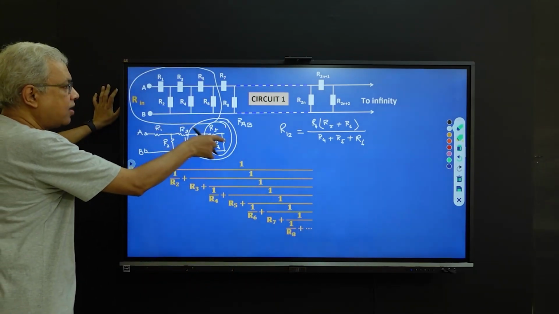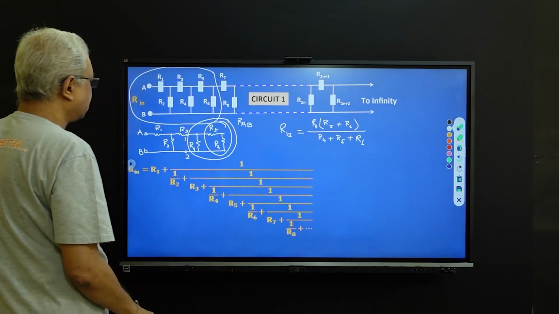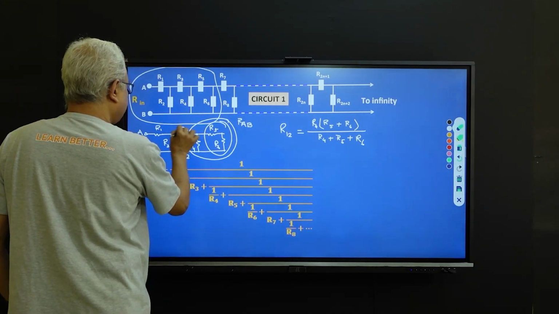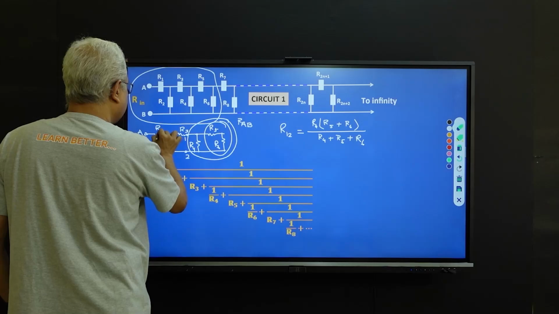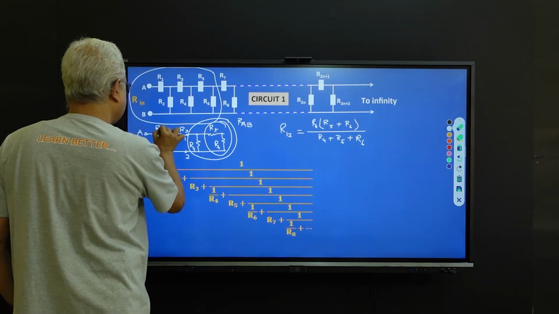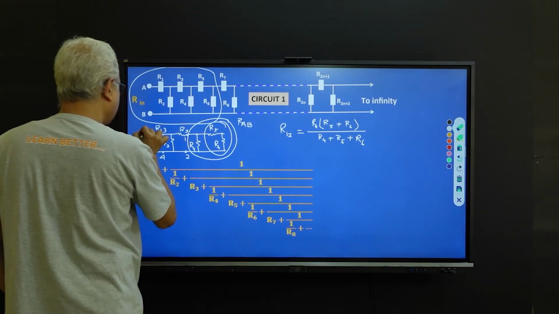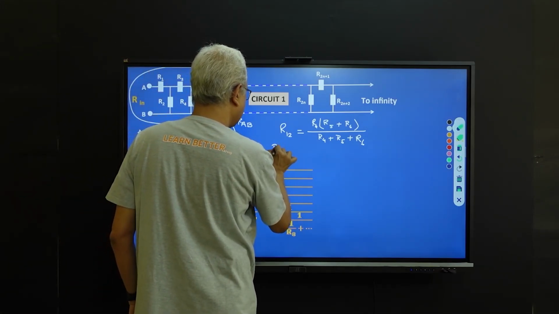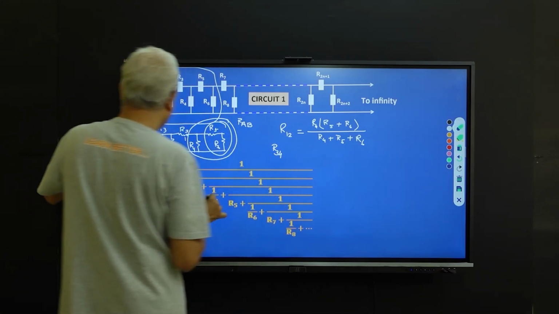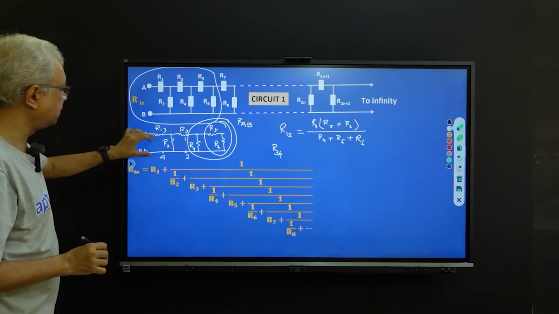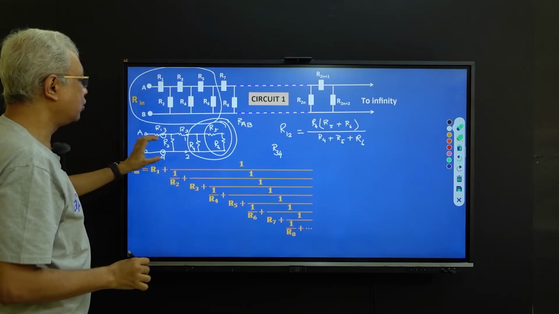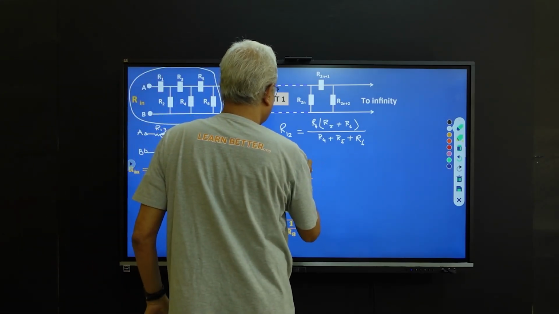Now, this R12 is in series with R3, and therefore, if I consider these 2 points as 3 and 4, this is 3, and this is 4. So what is that?